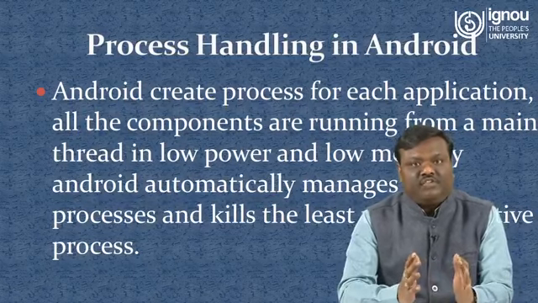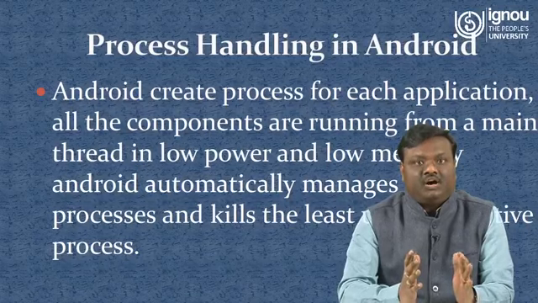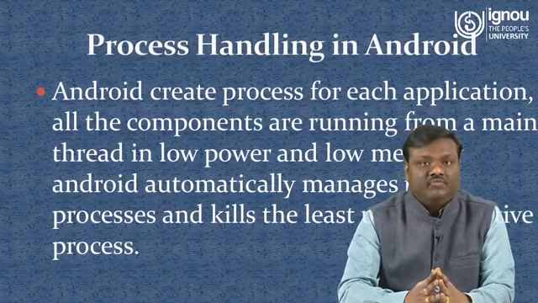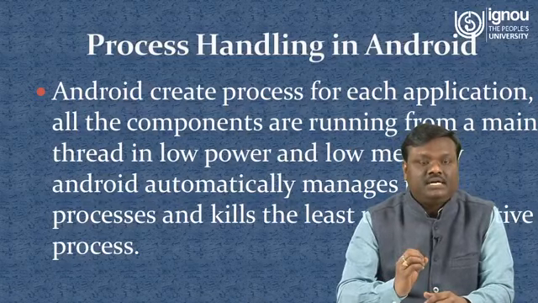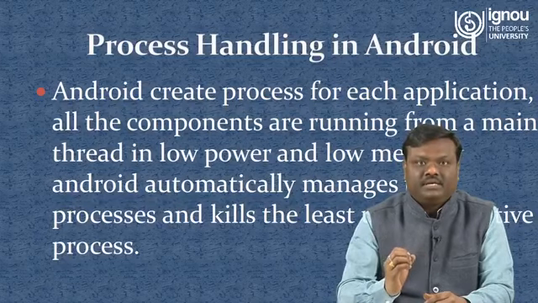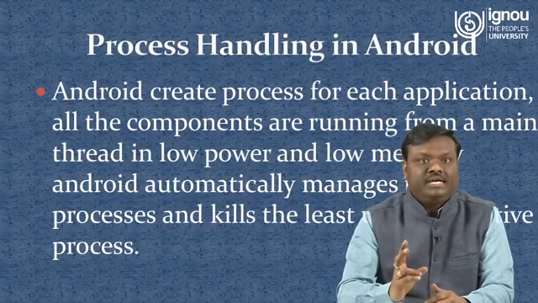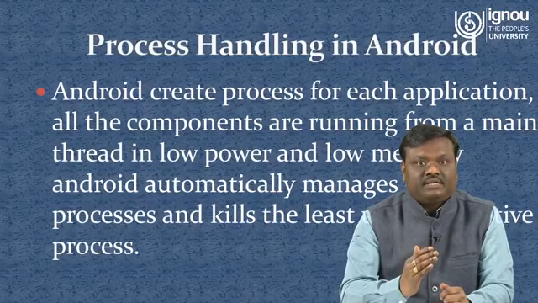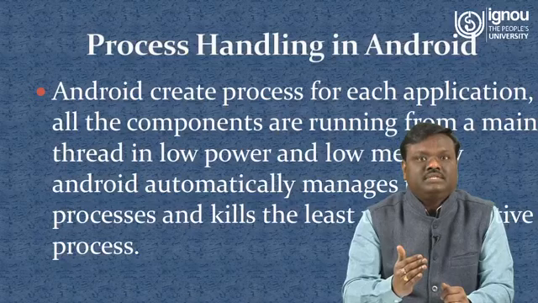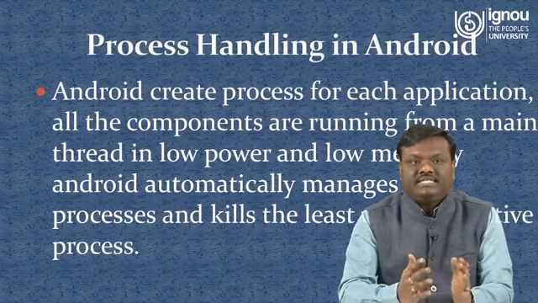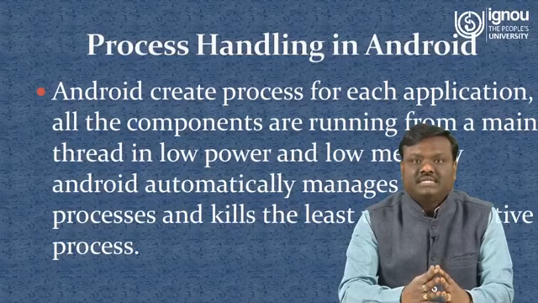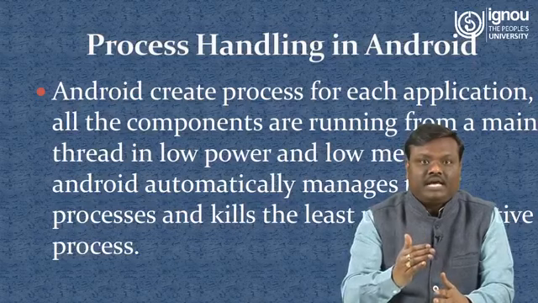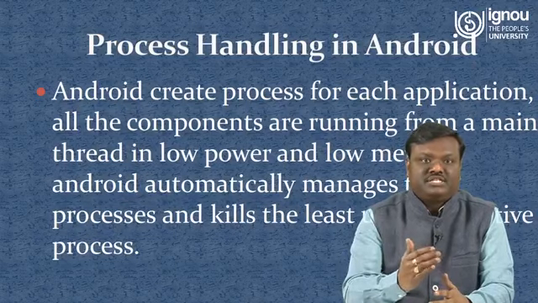So for every function that the mobile operating system does for that particular mobile device, obviously the primary concern should be the power and the memory. Why? Because both of them are limited in nature. So low power is the requirement and low memory consumption is also the requirement. So Android automatically manages the applications or the processes in a low power and low memory constraint.